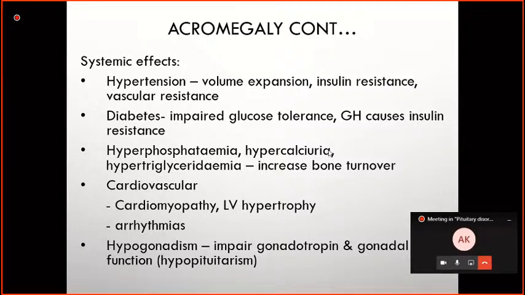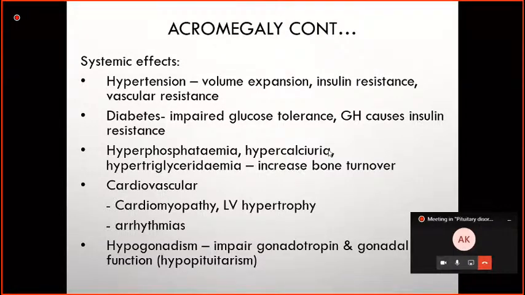So the patient can have hypertension because of volume expansion, and insulin resistance. They can have diabetes, remember, because the patient can have increase in gluconeogenesis, decrease in glucose uptake, and also an anti-insulin effect.